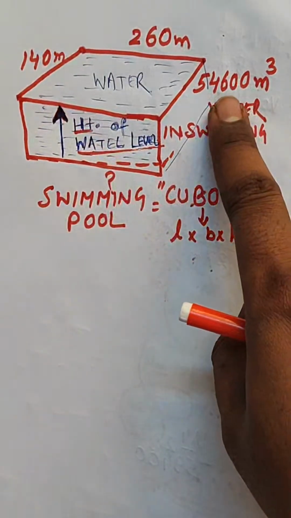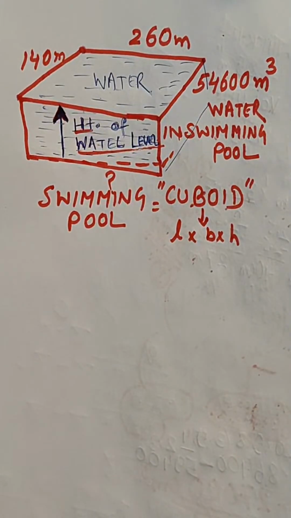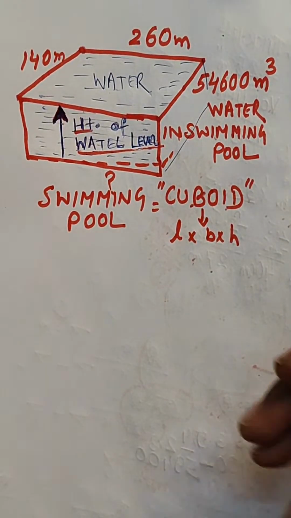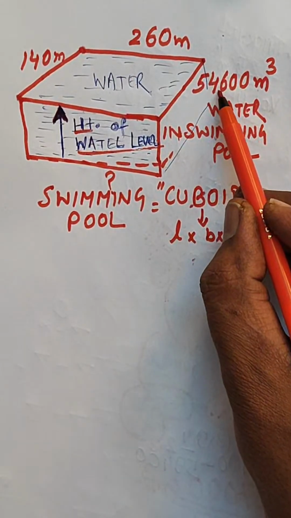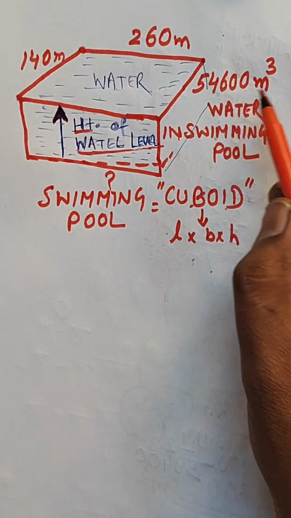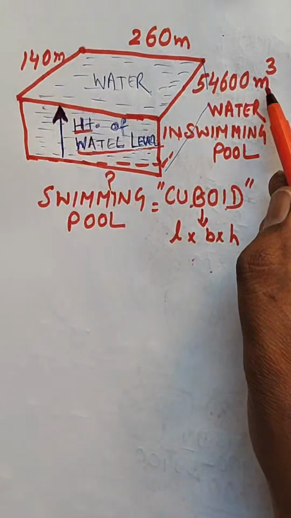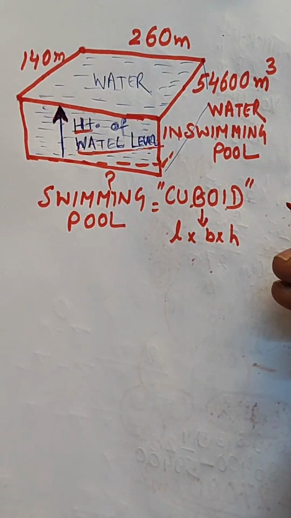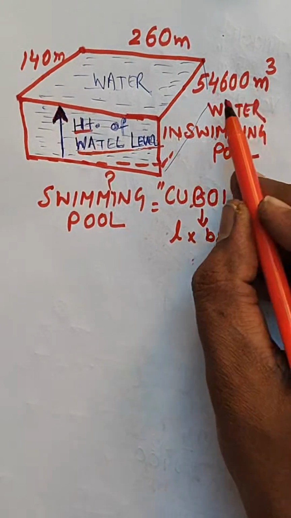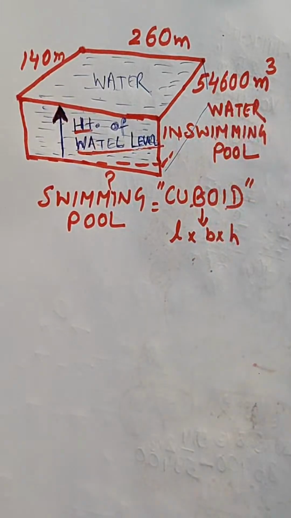If the volume is given to you, that is 54,600 meter cube of water contained in it, right? We could convert it, but that is not required because the volume of the water is given in meter cube only.